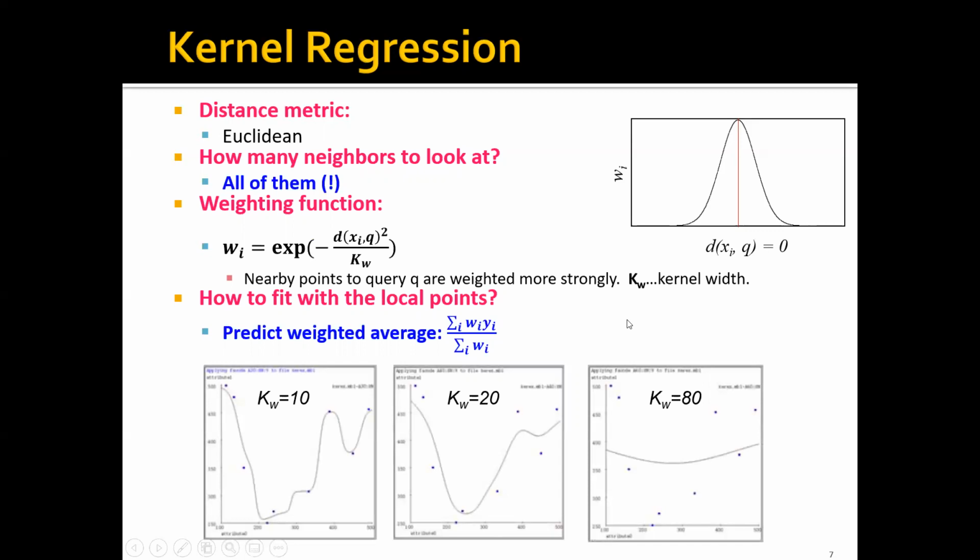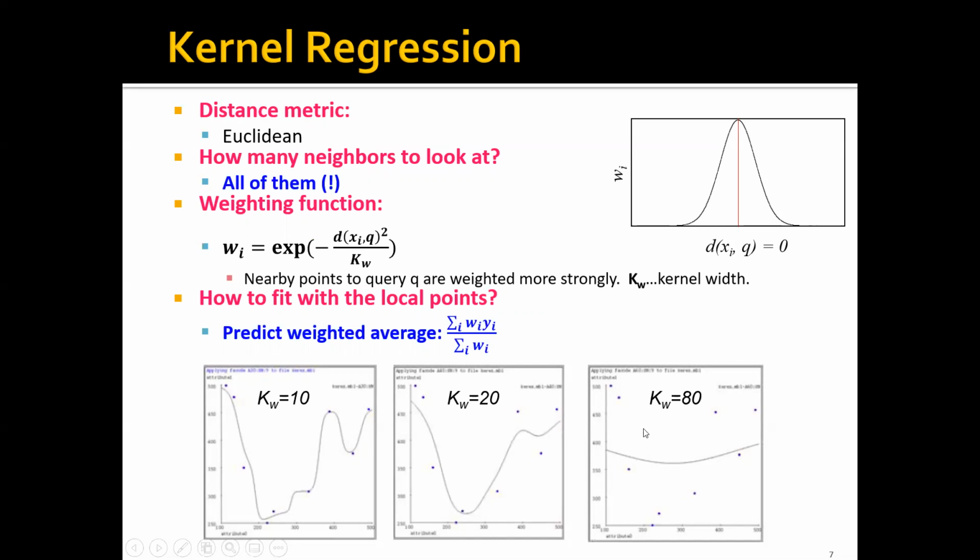And here is some sample results if we use kernel regression. Let's say that we already have some data points here, and we use a kernel width of 10 to fit a regression model, and this is the final model. If we use a larger kernel width, this is the resulting model.